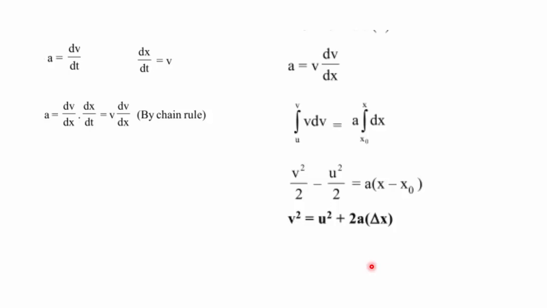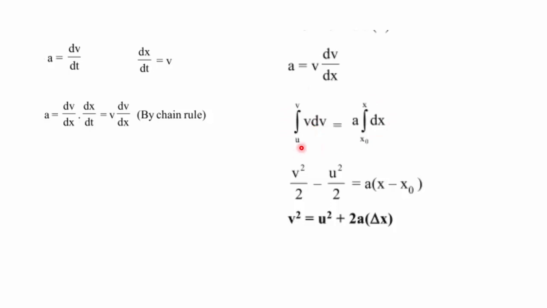Like this, I have the third equation, which is v square equal to u square plus 2a del x. Del x means the displacement, or you can say s. How do I do it? I write the acceleration as dv by dx into dx by dt. Then acceleration is v into dv by dx, and I rearrange.